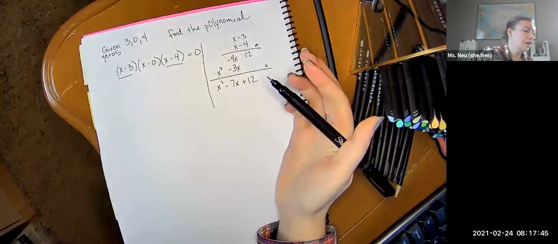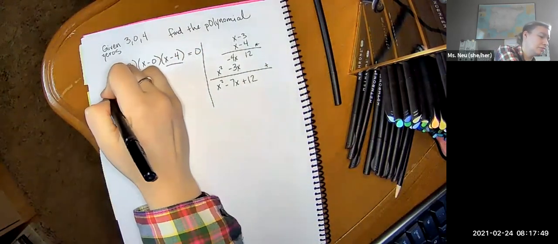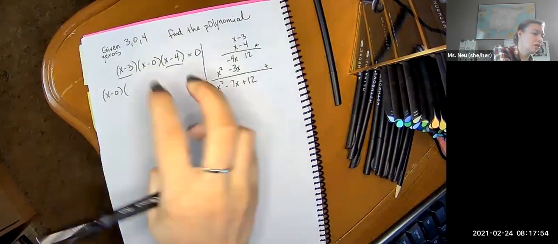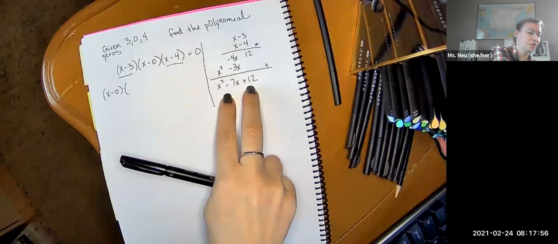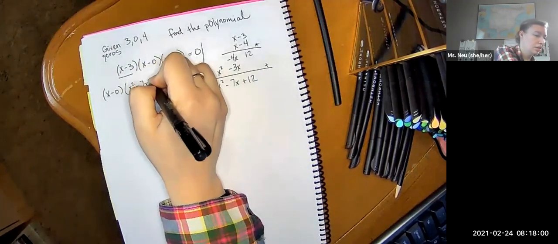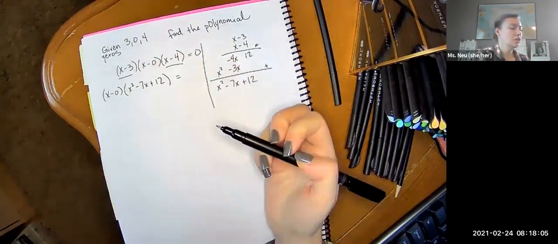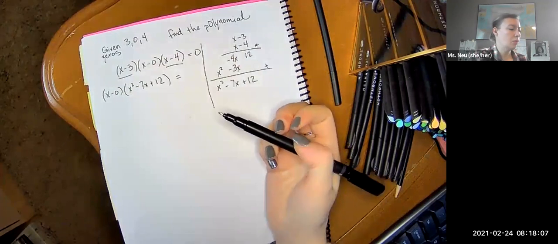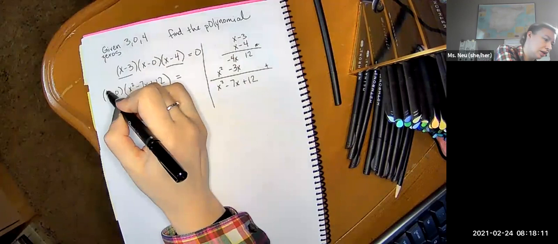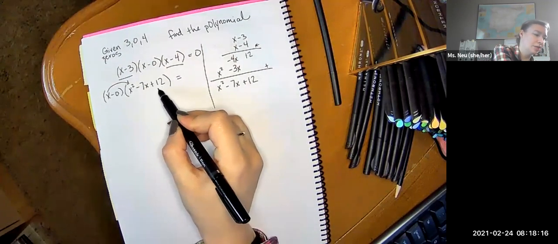Okay, so now I have x minus 0 times all this other stuff, which really just equals this. Perfect. So now a really easy way to do this would be to basically do the FOIL method, except I just have one extra term.